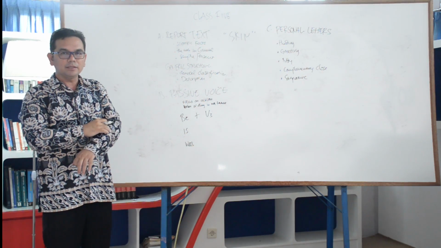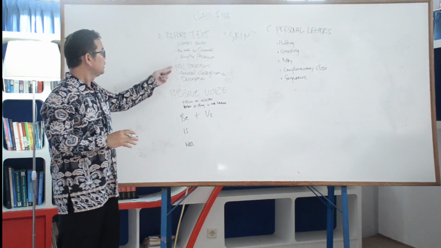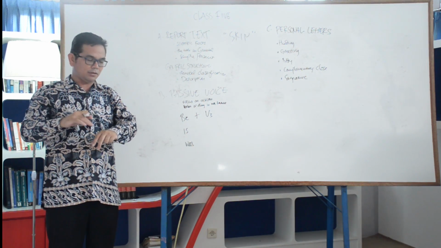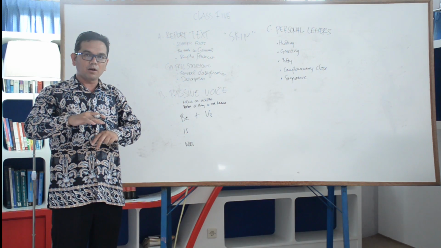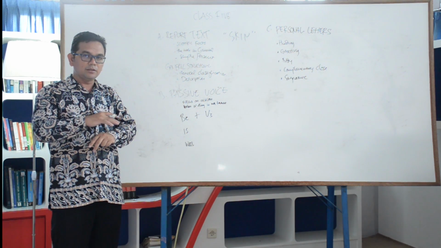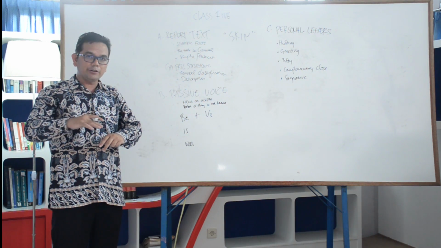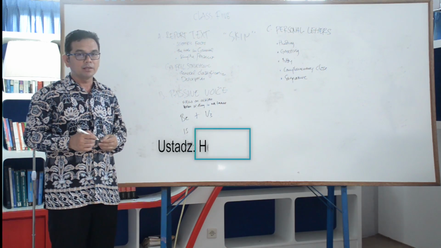Skin is the outer layer of our body, or the skin is the outer layer that covers our body. This is the general classification.